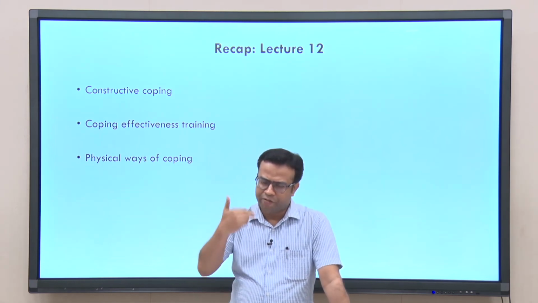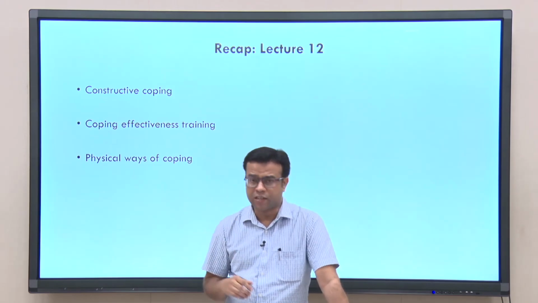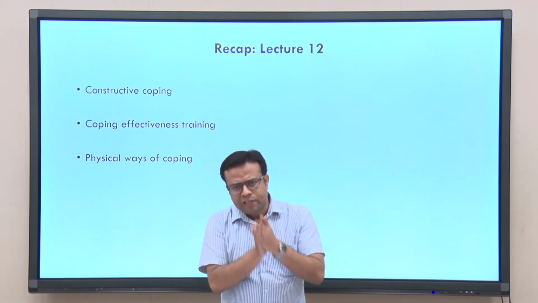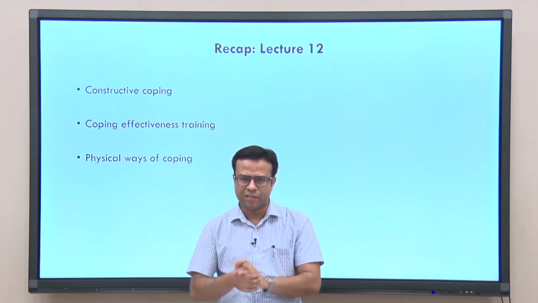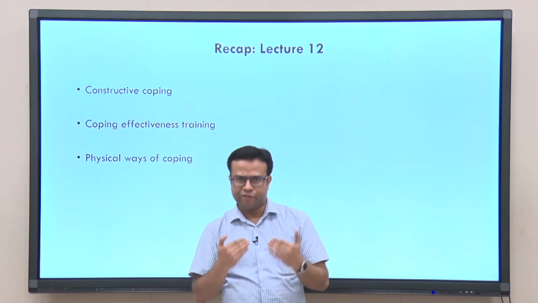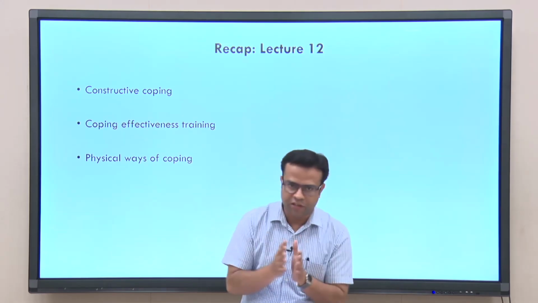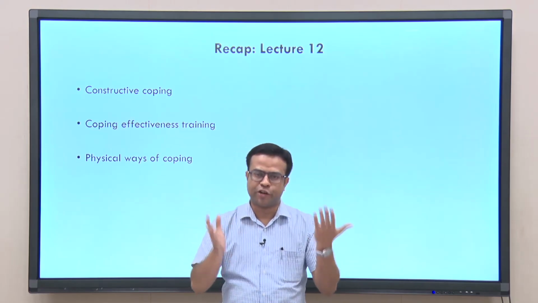Some coping effectiveness training modules were developed by Folkman and colleagues. We did not go into the details of the modules, but we discussed some of the major characteristics: how to effectively deal with stressors and the important ideas we need to understand and remember.